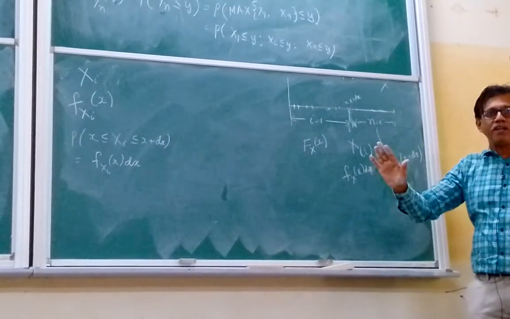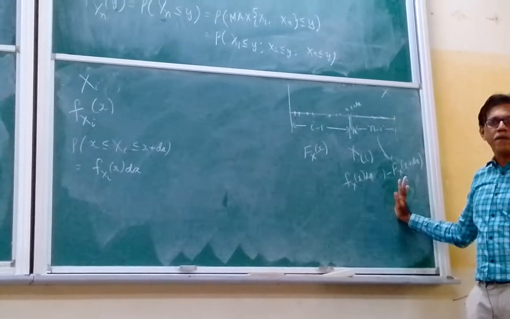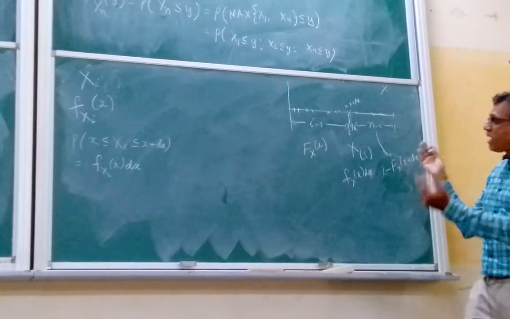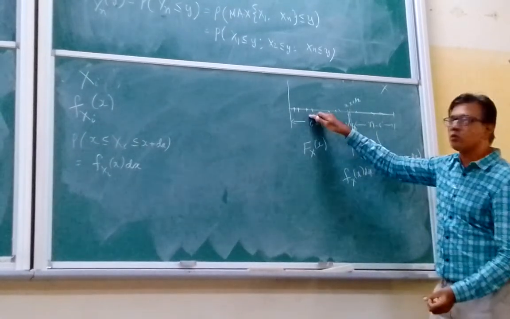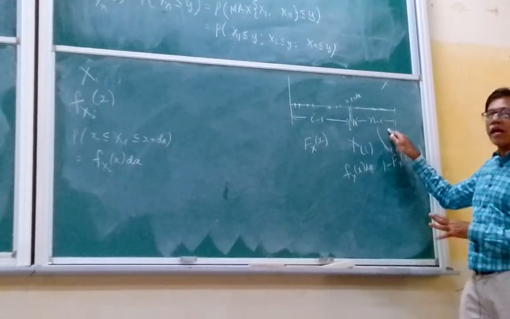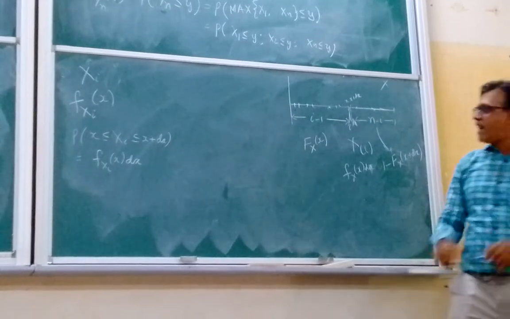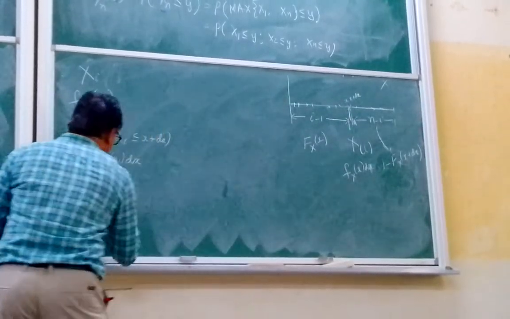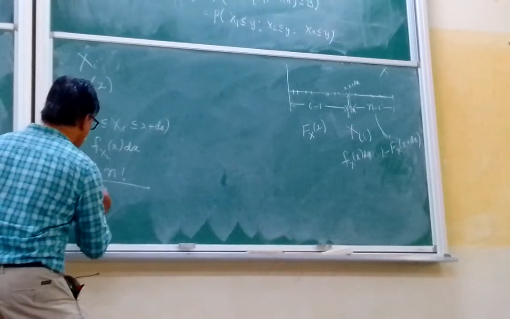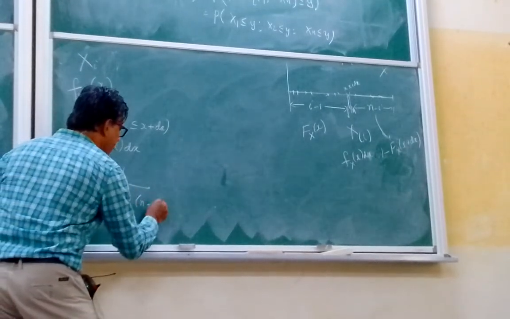The same probability equation will hold here. Out of n, i minus 1 have to be chosen, which have to be here, 1 has to be chosen, which has to be here, and n minus i have to be chosen, which have to be here. There are different ways of doing that, and that number is n factorial divided by (i minus 1) factorial into 1 factorial into (n minus i) factorial.